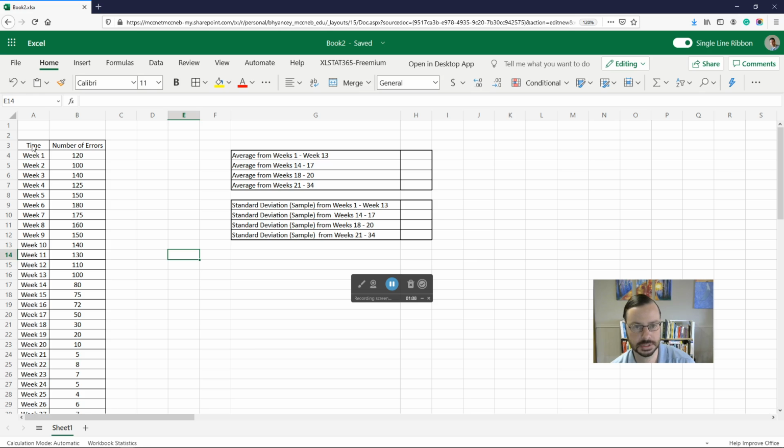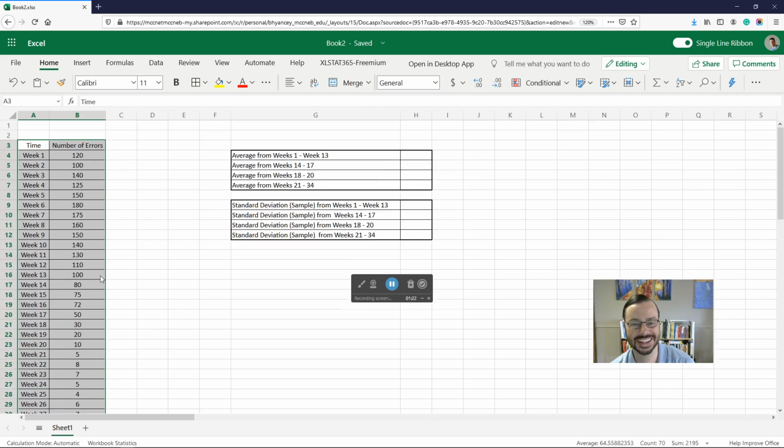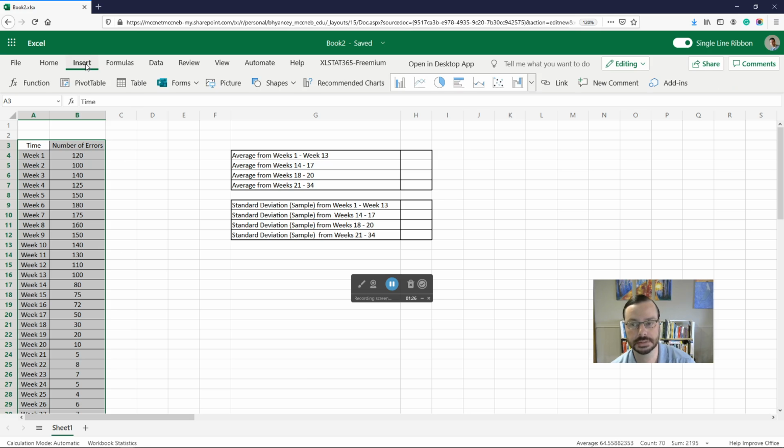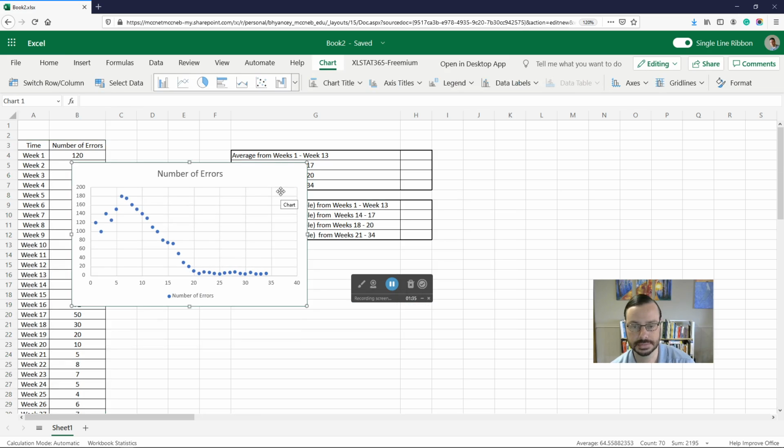Now I'm going to left click A3. I'm going to hold down the shift button, scroll down with my mouse wheel, and click B37 so I can highlight all of this data at the same time. Now I'm going to go to insert, and for your run charts, you could use a scatter graph or a scatter plot.